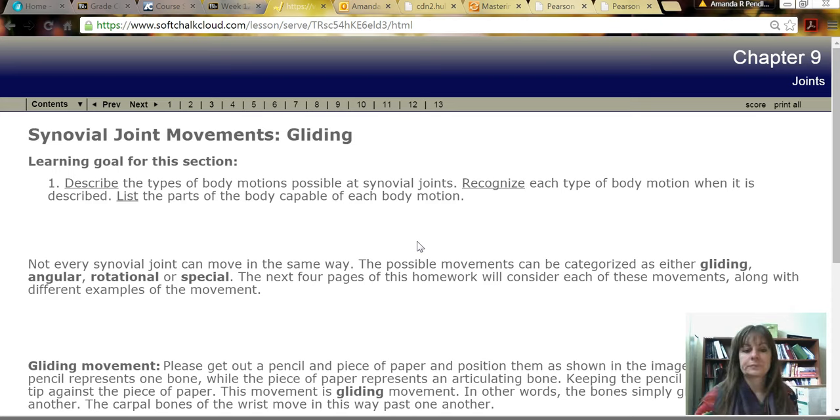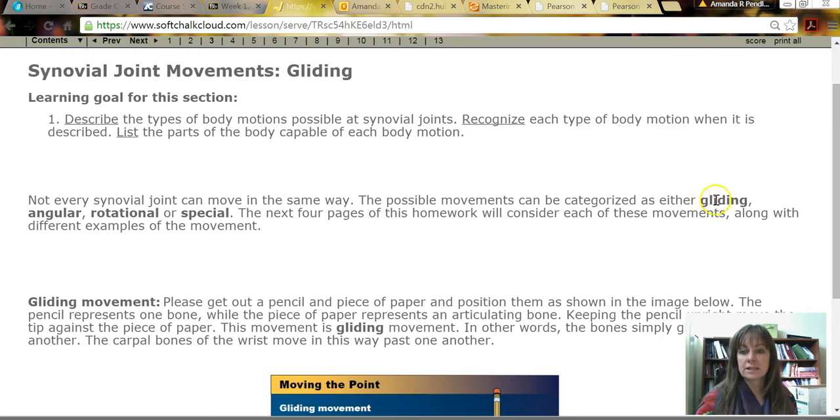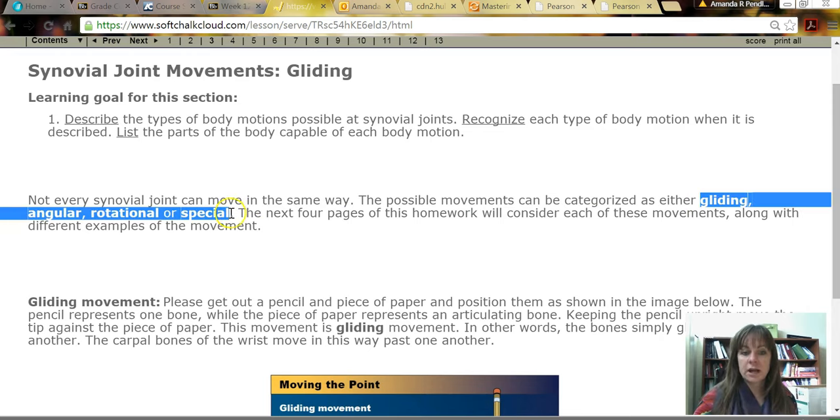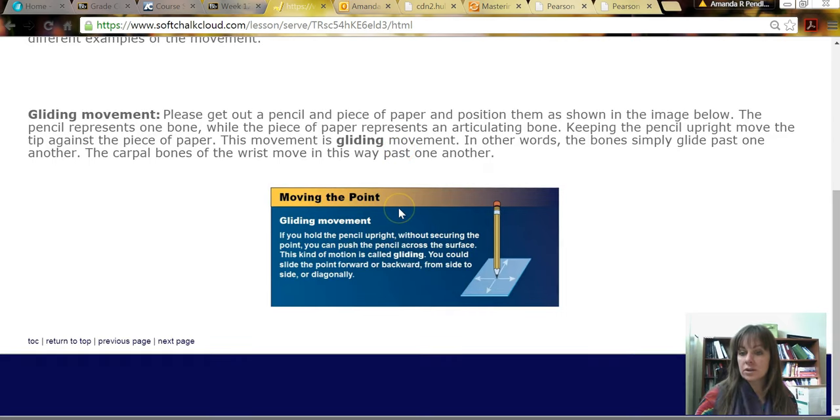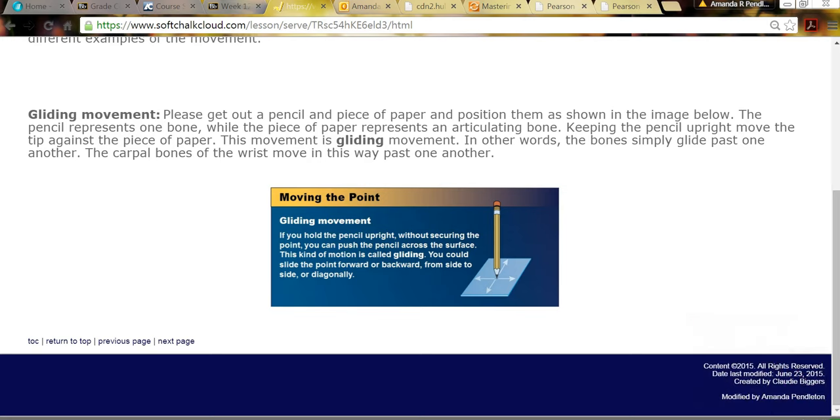Okay. So types of movements. Now this is how we're going to categorize it: gliding, angular, rotational, and then some special movements. And so let's first look at gliding. What this is trying to show you here is a representation of gliding by using something simple like a piece of paper and a pencil. So let me show you what that looks like.